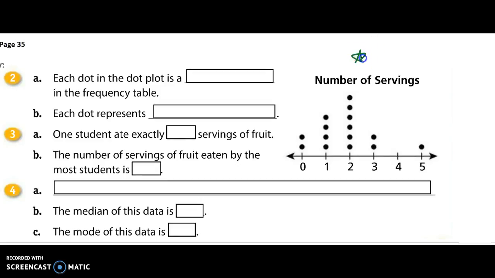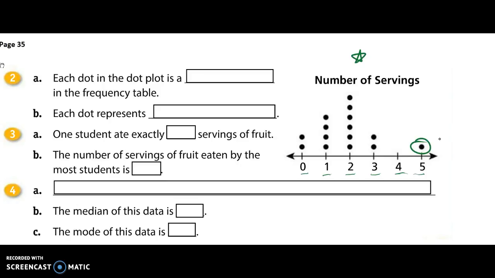Over here is a dot plot. It's made up of a number line with the different categories 0, 1, 2, 3, 4, and 5, and a bunch of dots. It almost reminds me of that game Connect 4. So each one of these dots represents a person. Each one of these dots represents a student who received that number of servings of fruit.